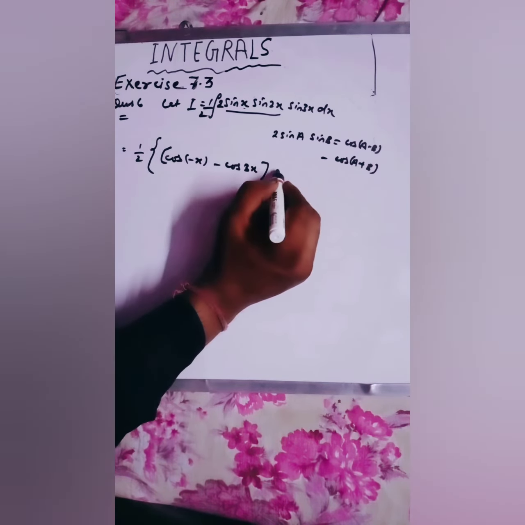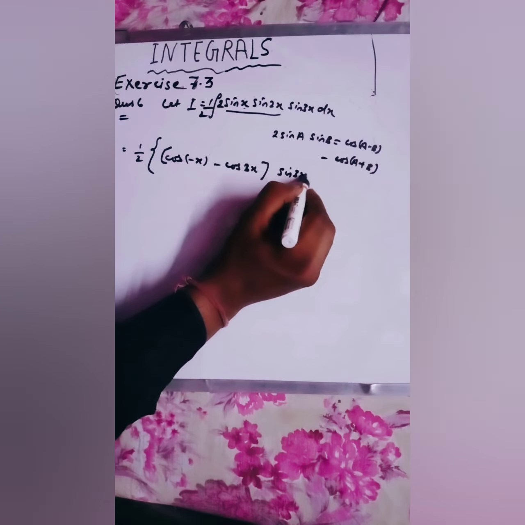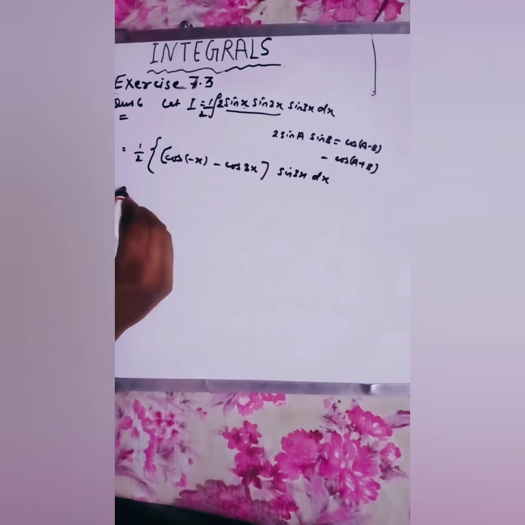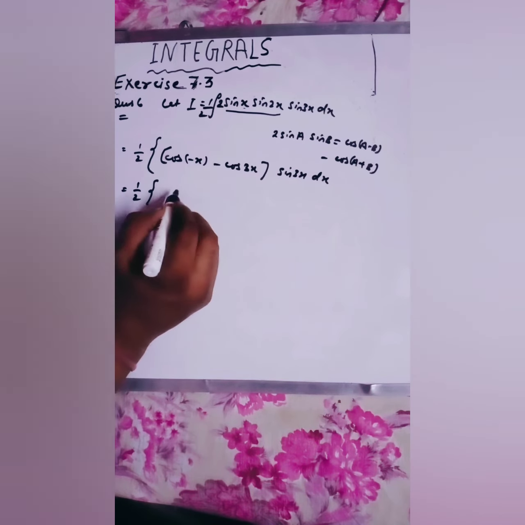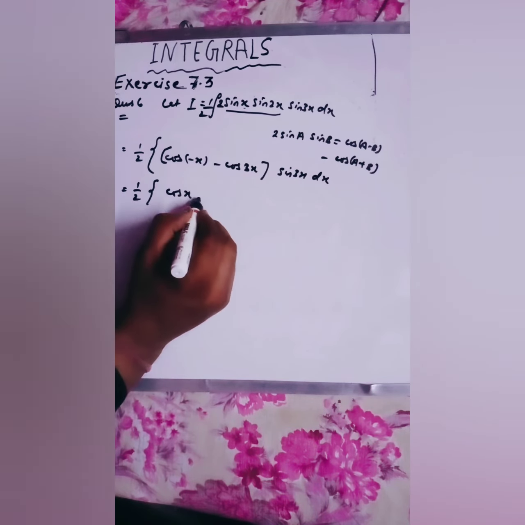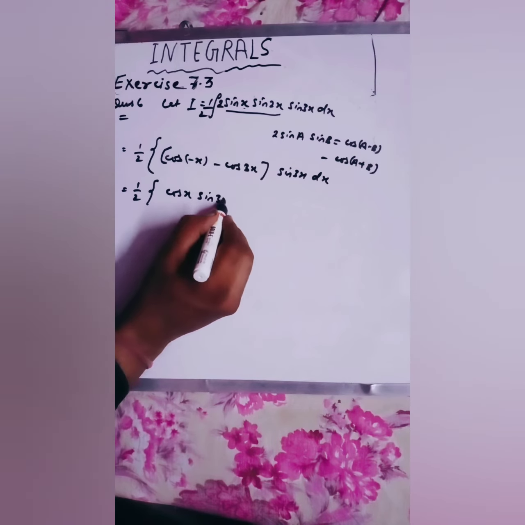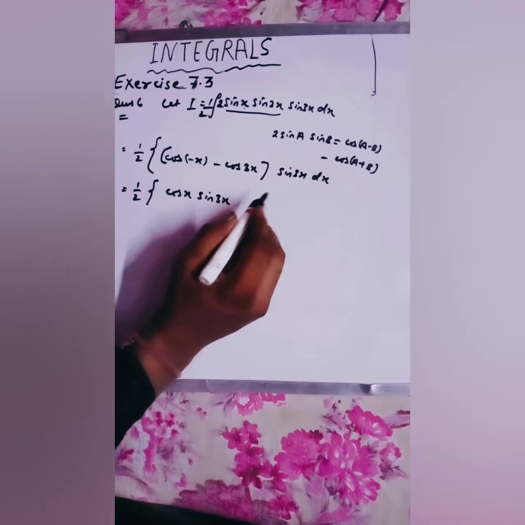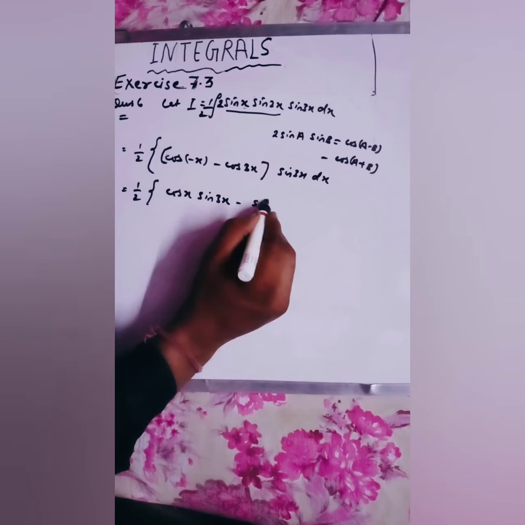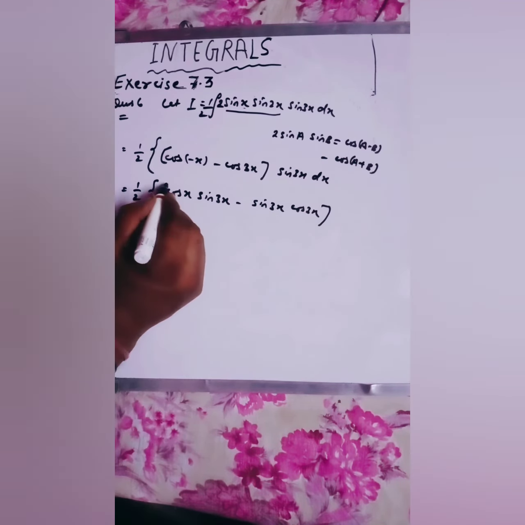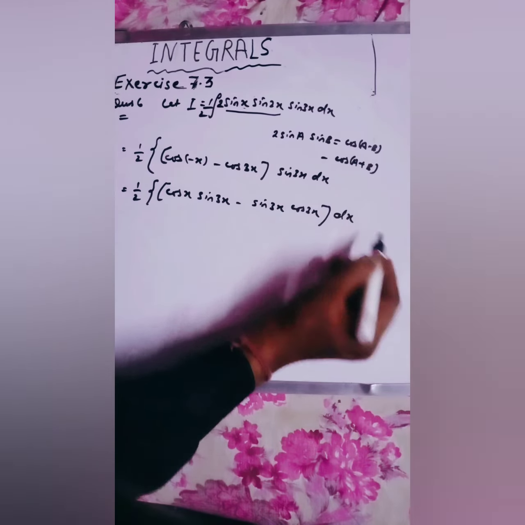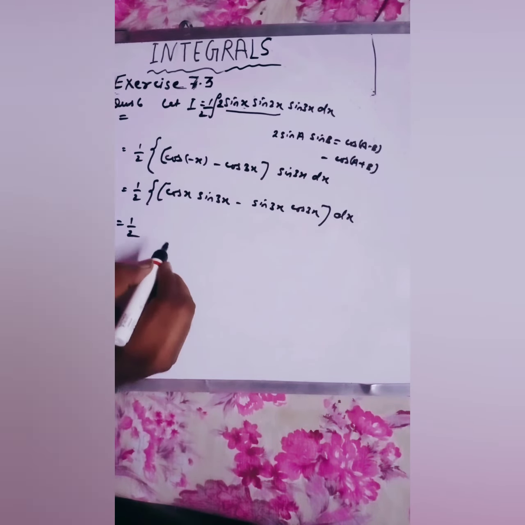Now sine 3x will be outside, half. Now this will be cos x sine 3x minus sine 3x cos 3x into dx, half.